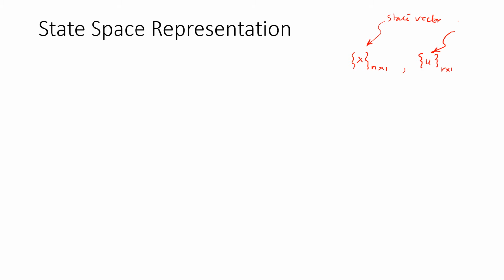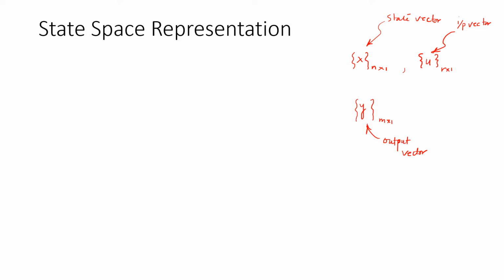So these are the input vectors. And similarly, you are going to require the outputs. The output is labeled generally as y in a generic notation, and this is going to be an m by 1 vector. So this is going to be the output vector. So in that sense, you have n states, r inputs, and m outputs. We are going to use these three vectors in terms of defining the state space.